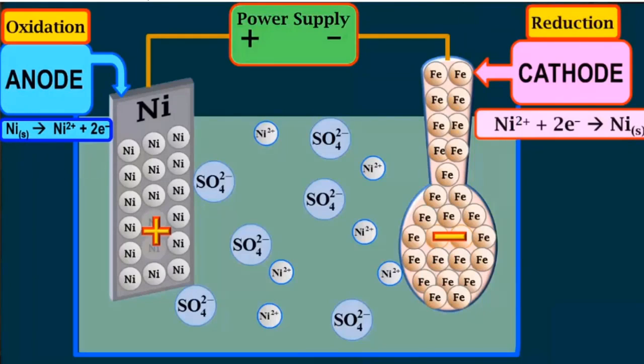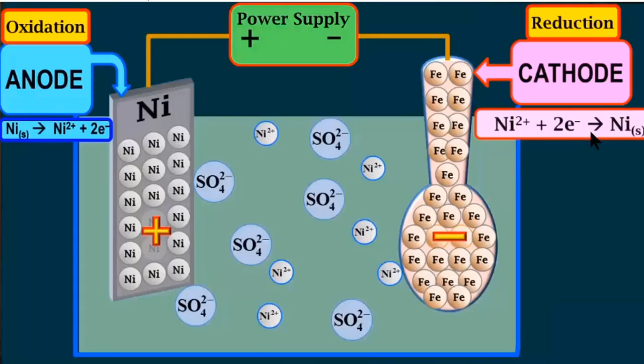Now here you have to remember that this is just opposite. At the anode the reaction is that the nickel atom is losing electrons and becoming nickel ion.